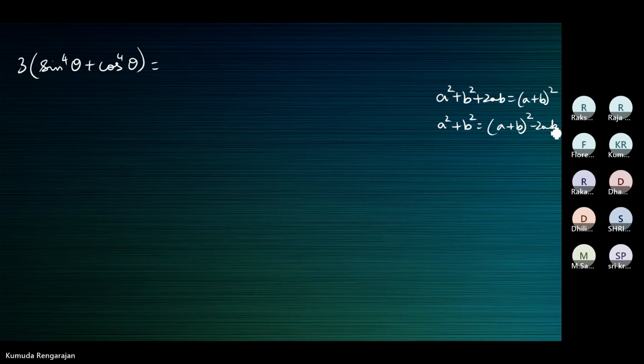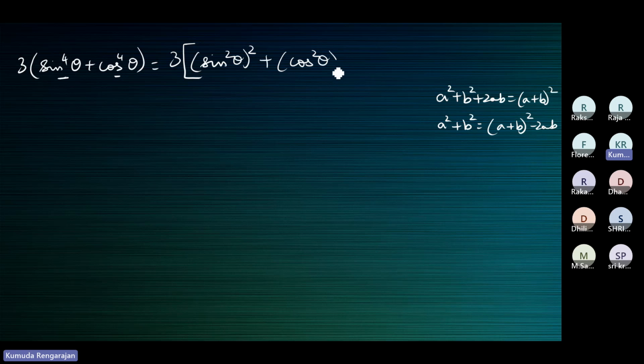Transposing. So we understand that this is of the form a square plus b square. Why? Because it can be written as sine square theta the whole square plus cos square theta the whole square.